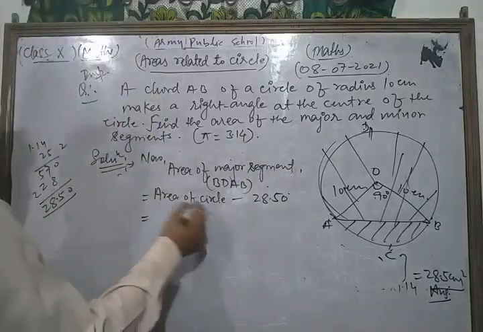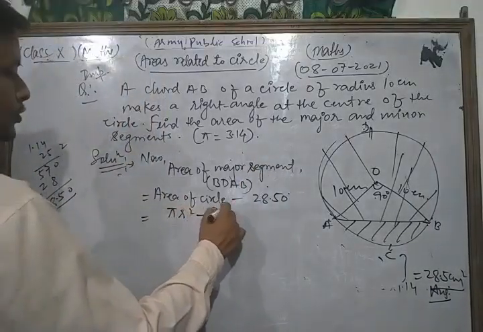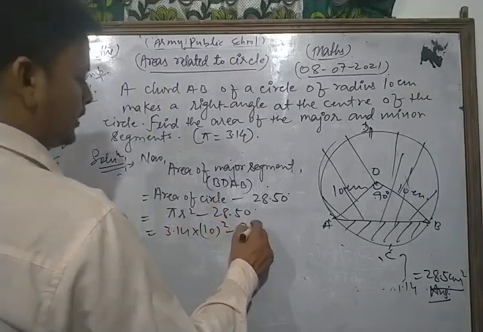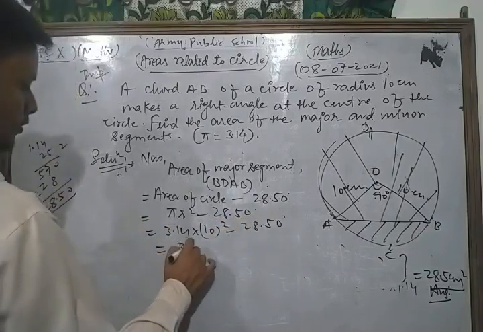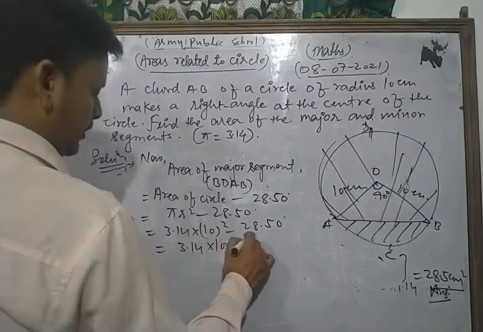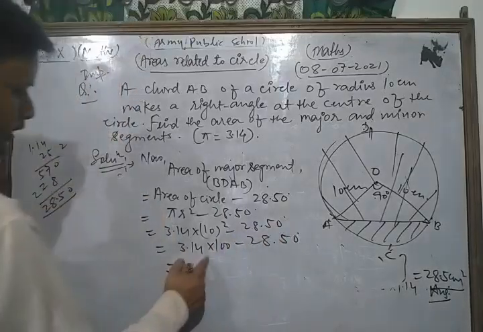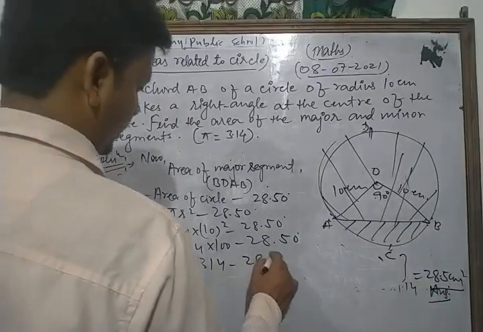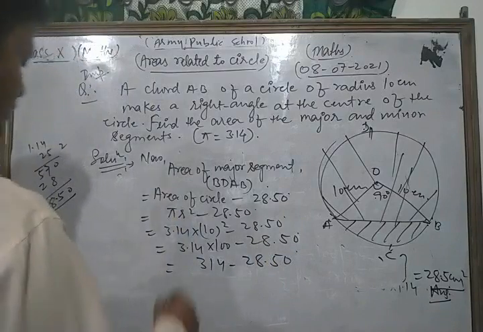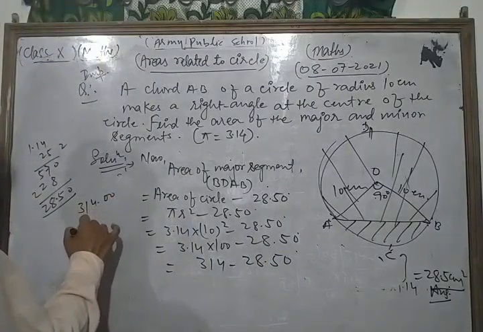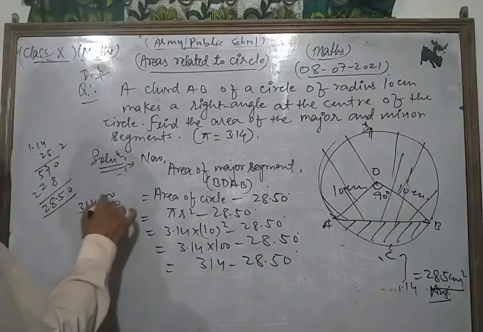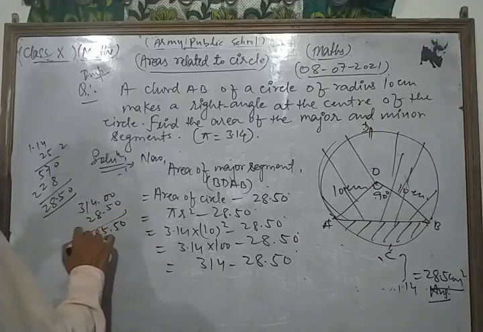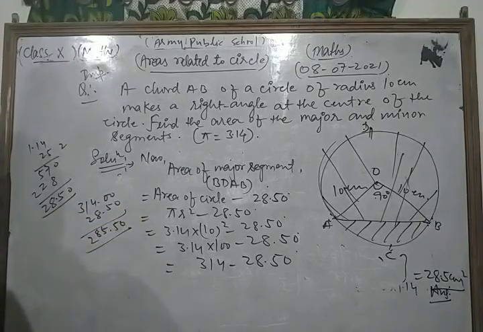Area of circle, you know, is pi r square, so value of pi 3.14 into 10 square minus 28.50. 3.14 into 100 is 314 minus 28.50. Now we simplify.